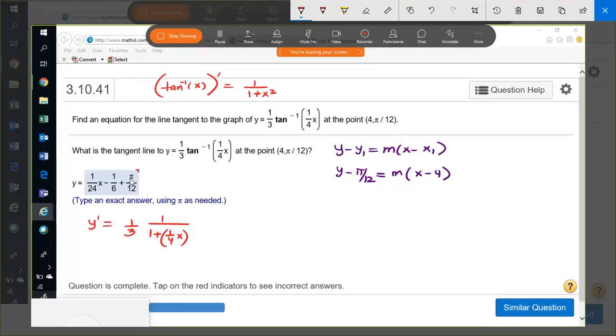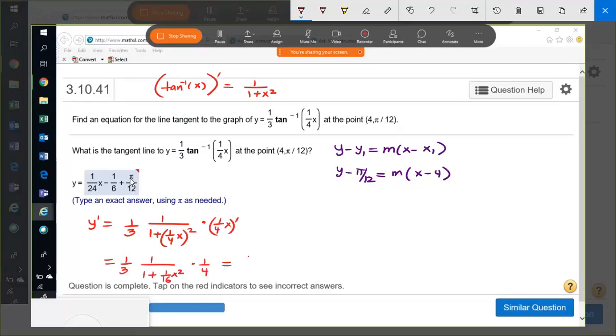Now, since it's not x, it's a function of x, I have to multiply by the derivative of 1/4 of x using the chain rule. That gives 1 over 3 times 1 over 1 plus 1 over 16 x squared, since 1/4 squared is 1 over 16. And the derivative of 1/4 of x is 1/4.